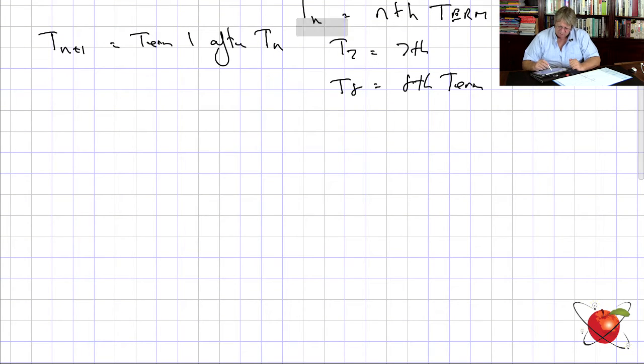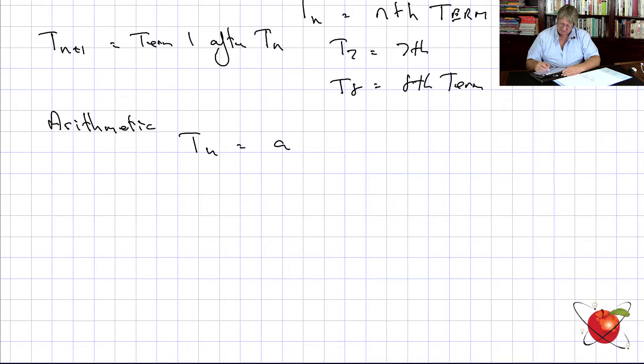Then we're going to come up with a formula. Let's first define that we're going to be looking at an arithmetic progression, an arithmetic sequence, an arithmetic pattern, an arithmetic series. The formula for this is Tn is equal to a plus (n minus 1) times d, and I always put my d in brackets there.